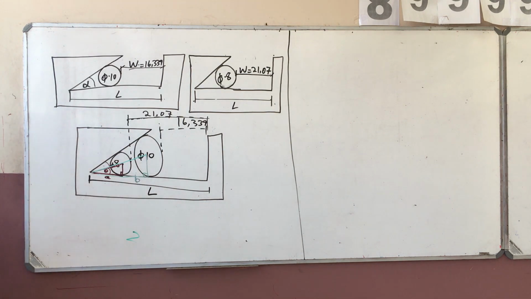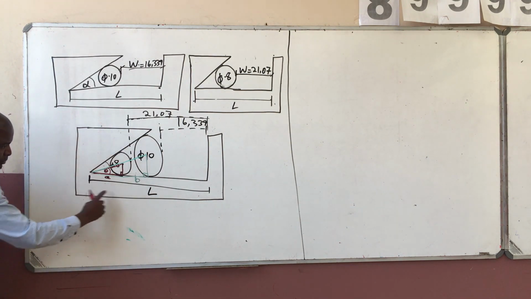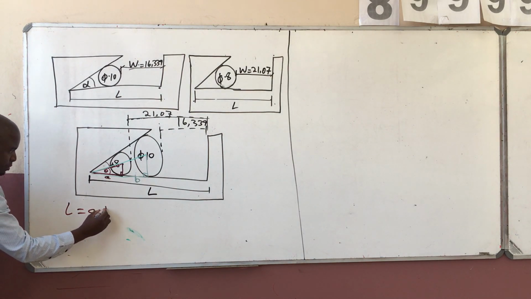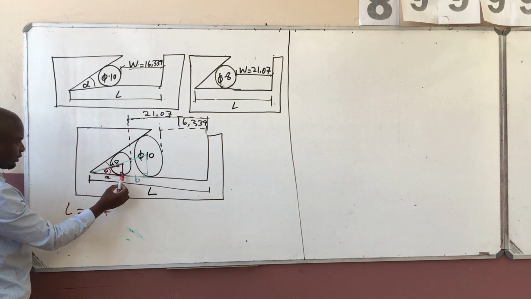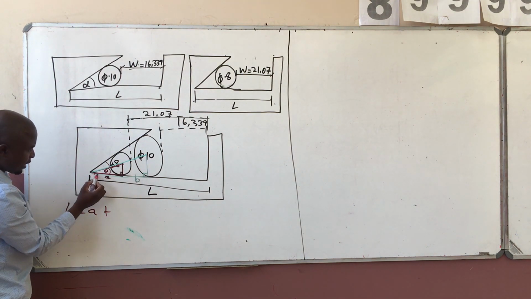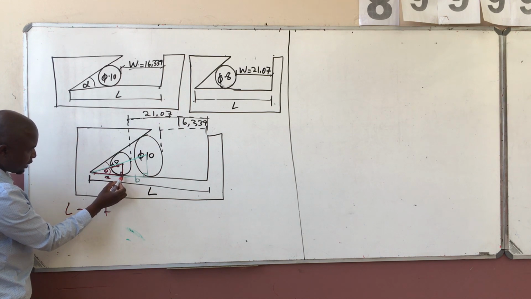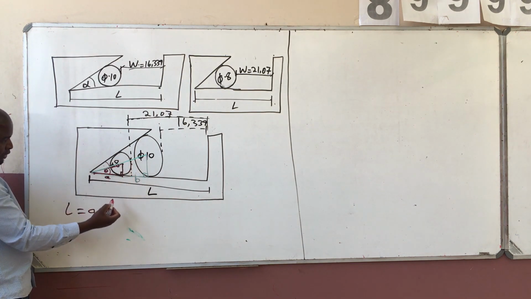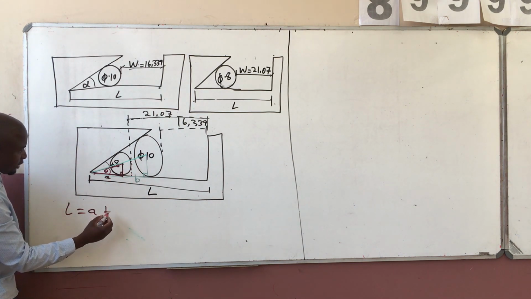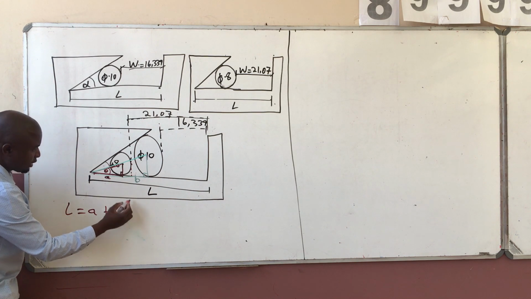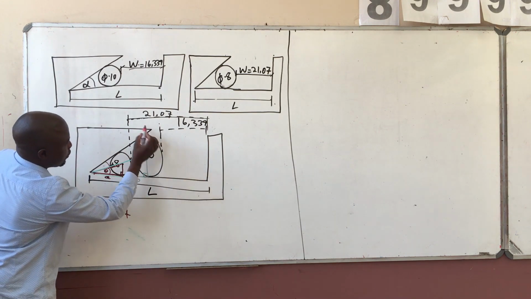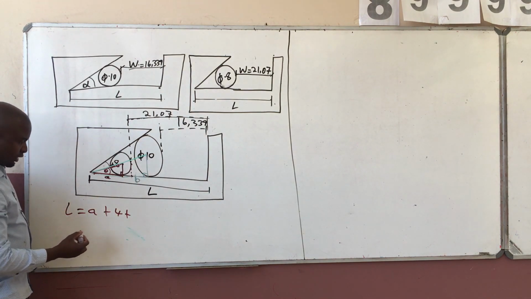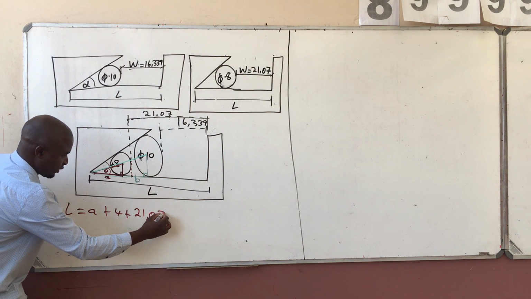So in this case, my L will be A, the distance from there to there, plus the distance from here to here, which is a radius. And the radius of this circle, as you can see, is 4. Plus, from here to here, we are already given 21.07.